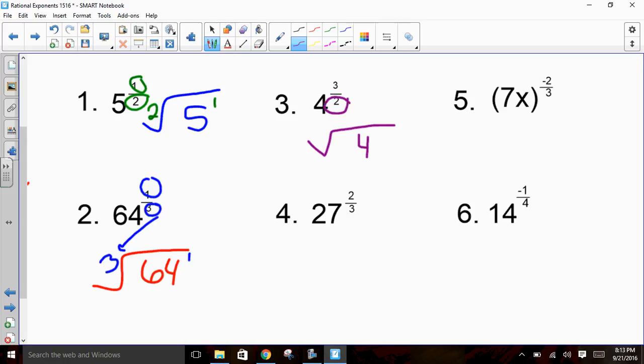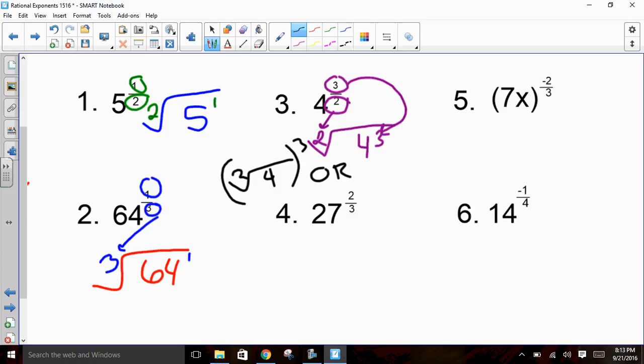The 2 in the denominator is telling me I have the square root. This cubed is going to come hang out with 4. Now, you can write it that way, or, I don't have enough room, you can have the square root of 4 quantity cubed. Either one is fine. They mean the same thing.